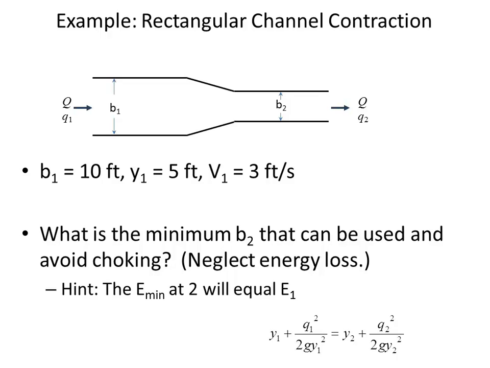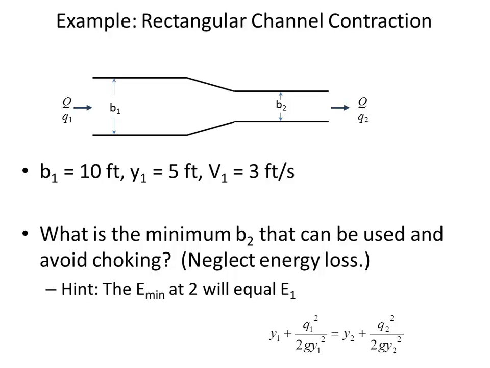And so what that tells us is that we're going to let E minimum at 2 equal this 5.140 feet. So we're going to keep making location 2 narrower and narrower right until the flow depth is critical there.